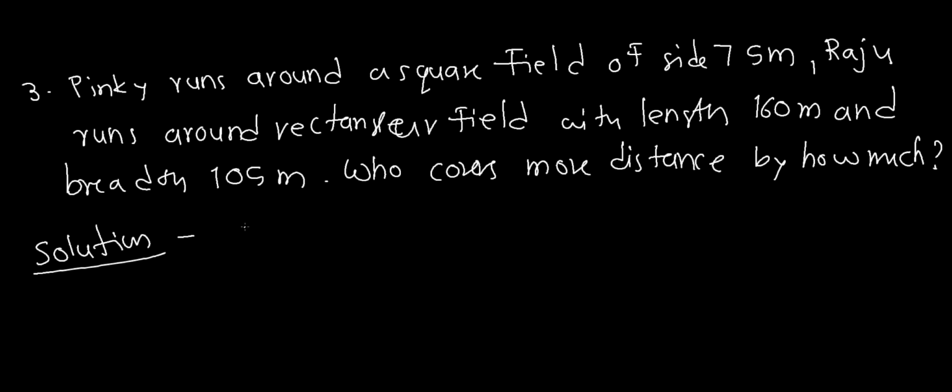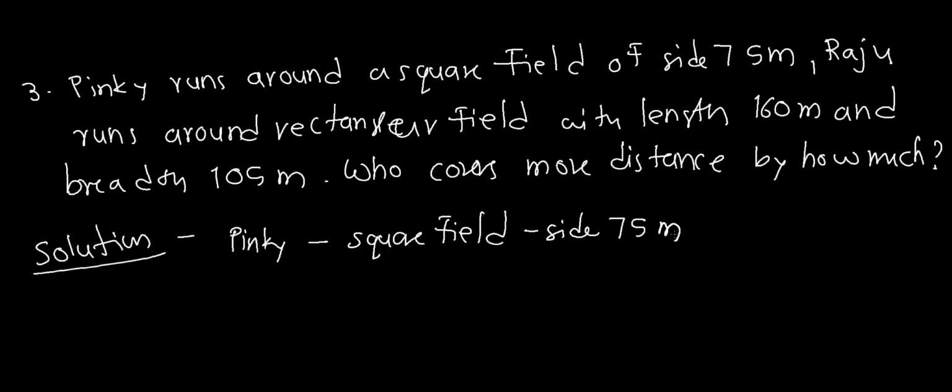First, a person's name is given: Pinky runs around a square field. This square field is our thing. Square field of side 75 meters.